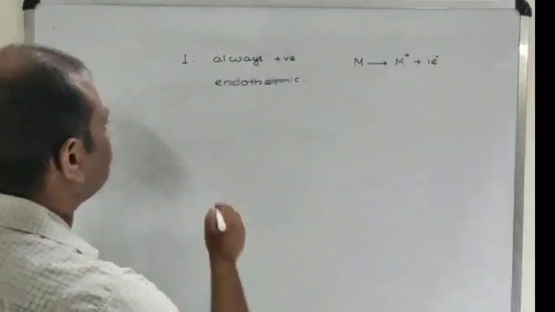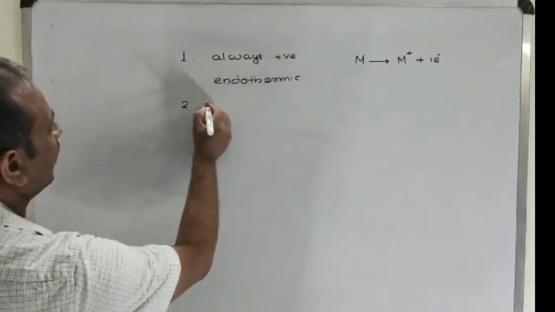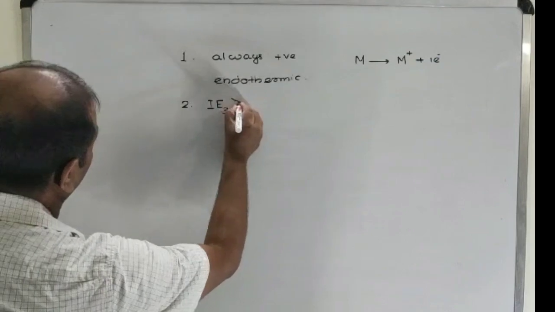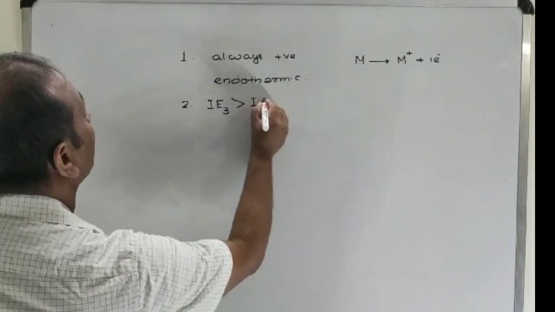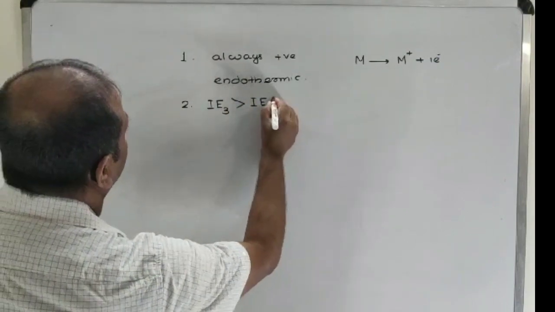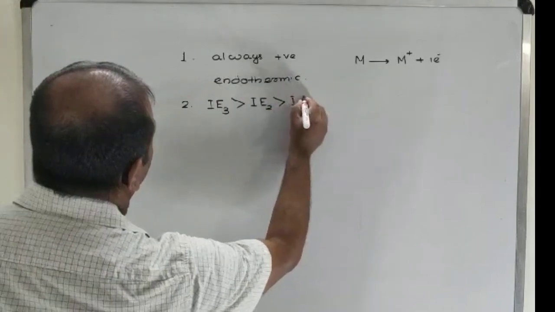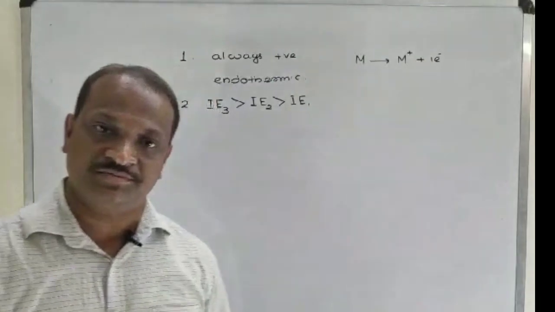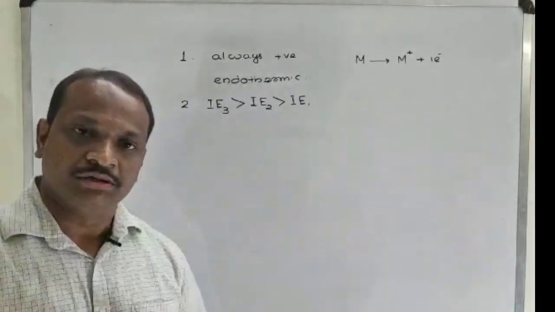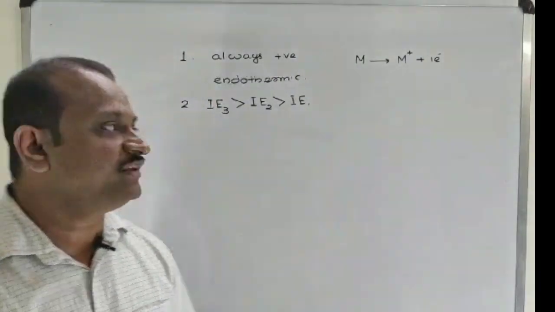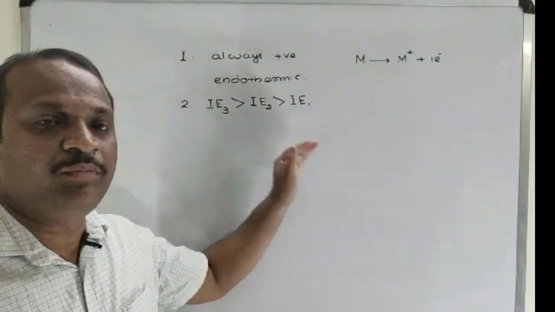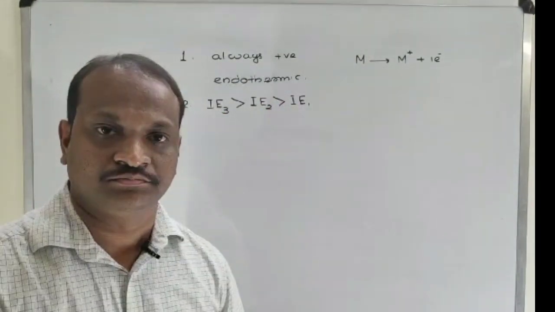Second point, please try to understand: IE3 is always greater than IE1. There is no exception to this rule. Whoever comes, even if it's the second group, third group, whatever, IE3 will always be greater than IE2, which will be greater than IE1.